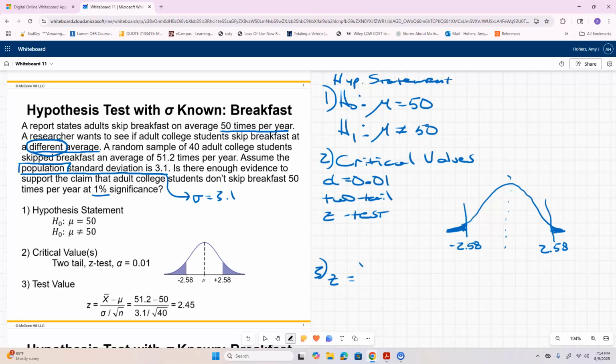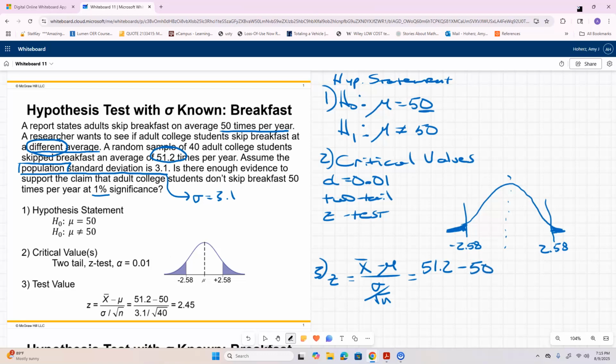Z is x bar minus mu over sigma over square root of n. X bar is from the sample. Their sample was 51.2 times per year. Mean is the mu, that's the 50 that we had up here.